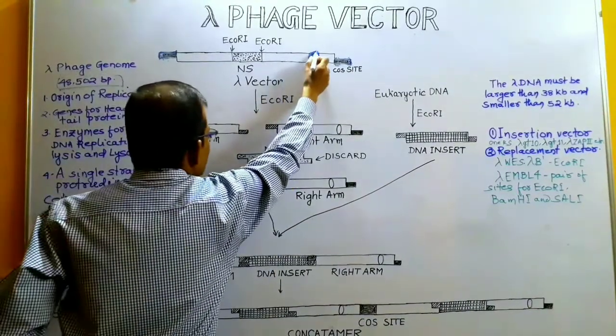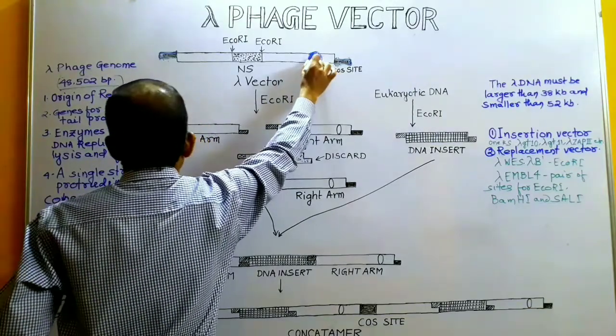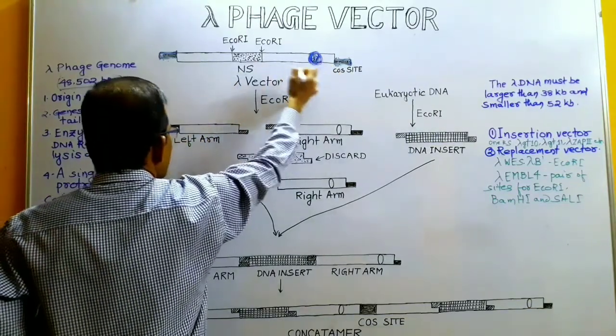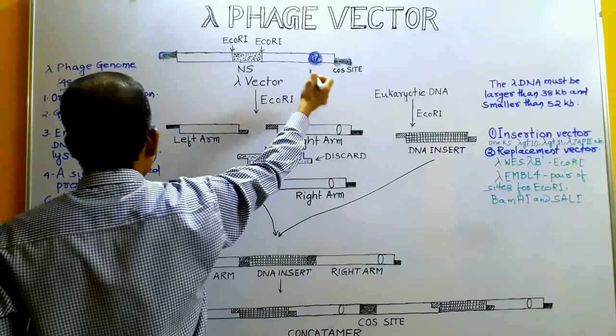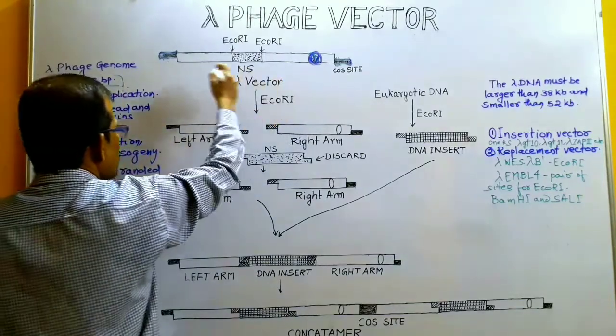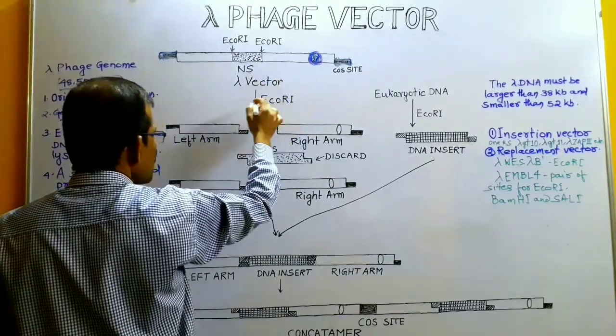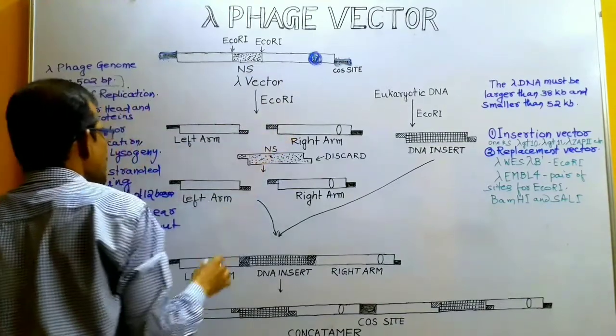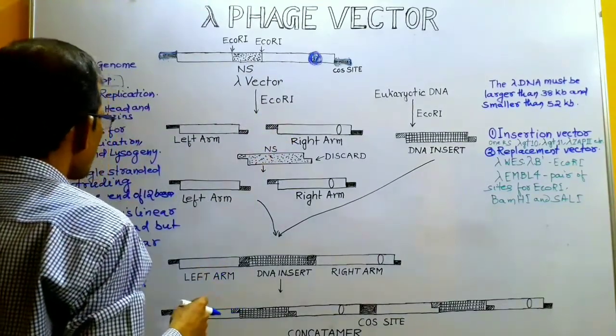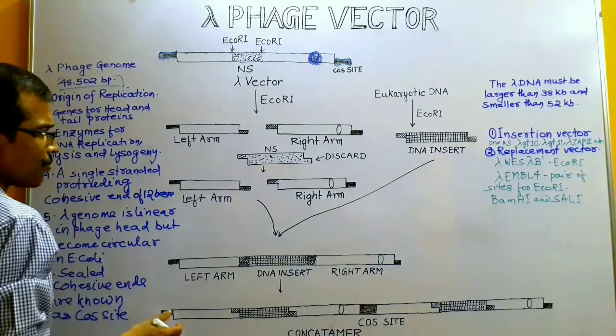The genome has an origin of replication. It has genes for head and tail proteins. The genome also has genes for enzymes for DNA replication and also for lysis and lysogeny.